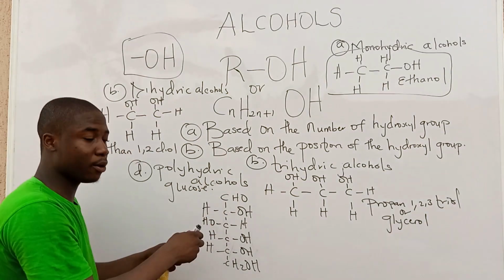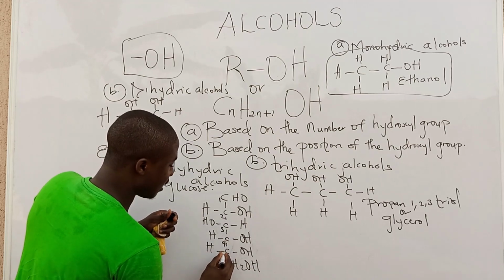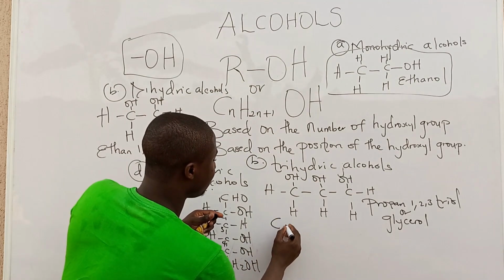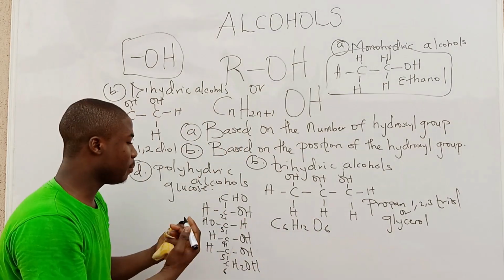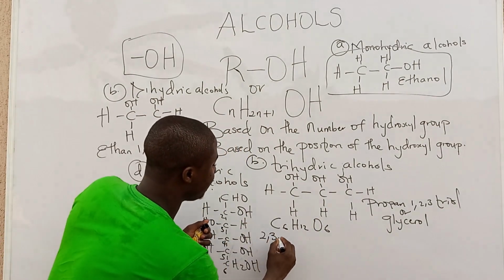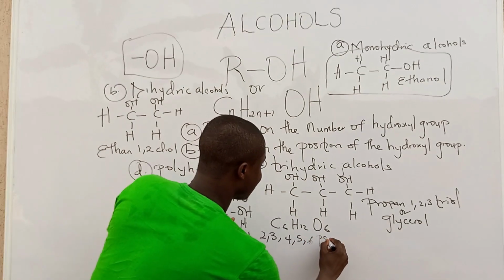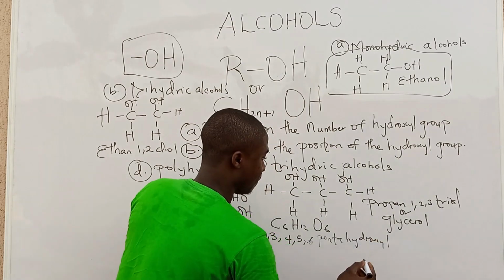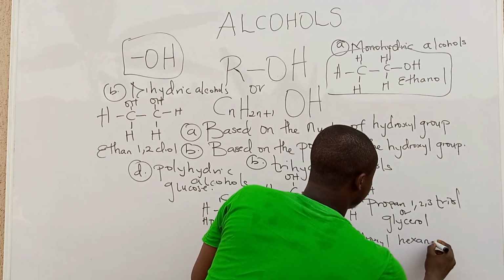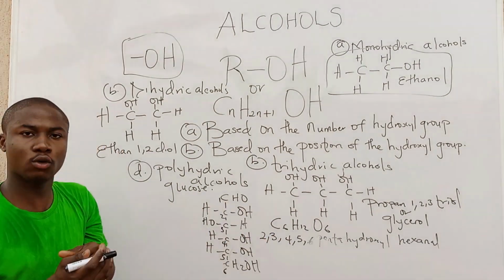Meanwhile, naming this compound, you can see we have 6 carbons. The chemical formula for glucose is C6H12O6. Naming this compound is simply 2,3,4,5,6-pentahydroxyhexanal. This is the IUPAC name for glucose.